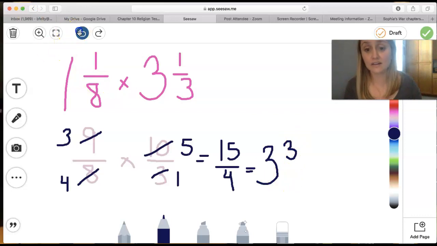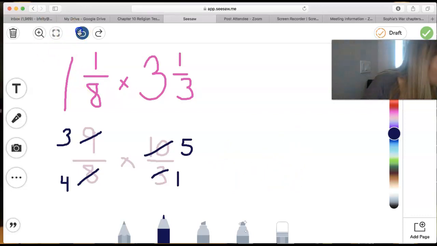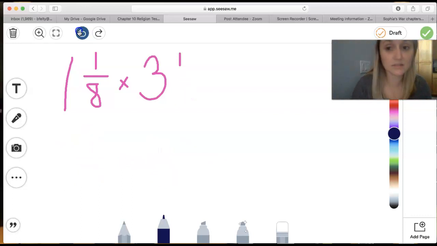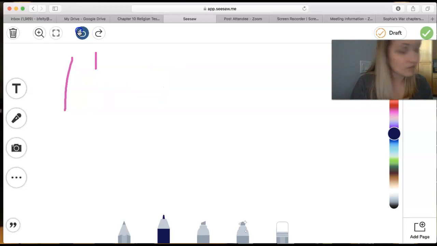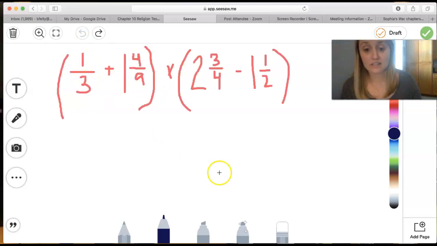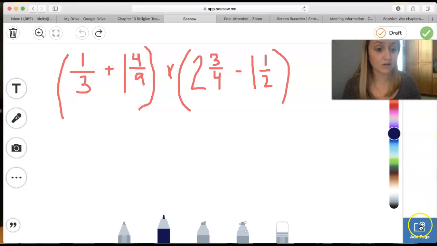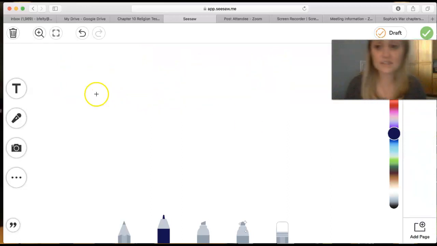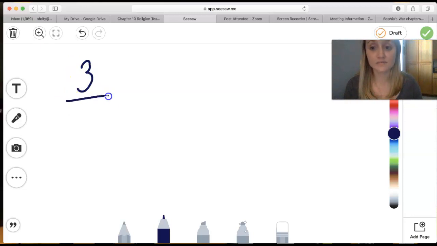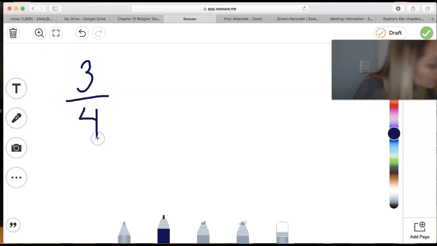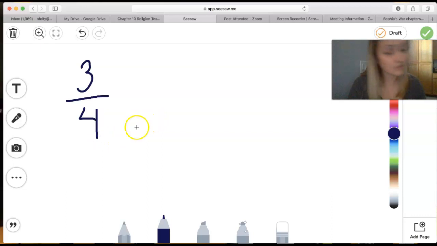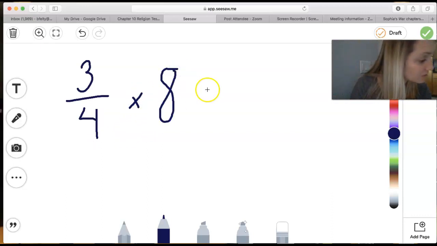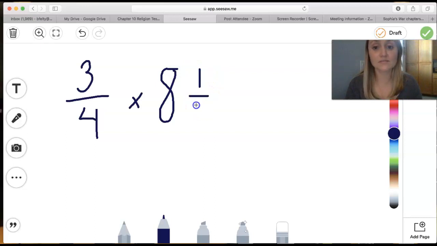And then I'm going to do one more example of one that isn't a mixed number. So let's look at 12. Start a new page. 12 says 3 fourths times 8 1/2.